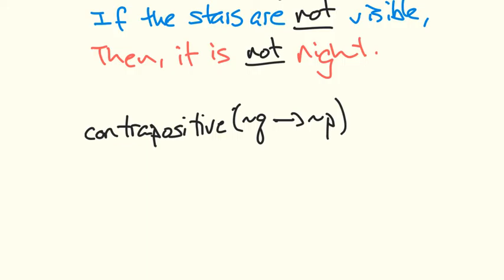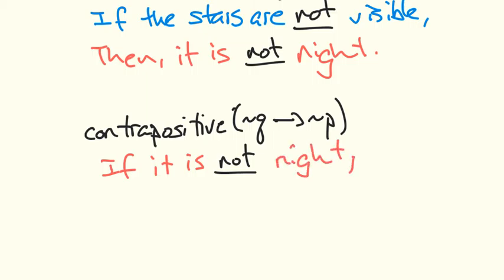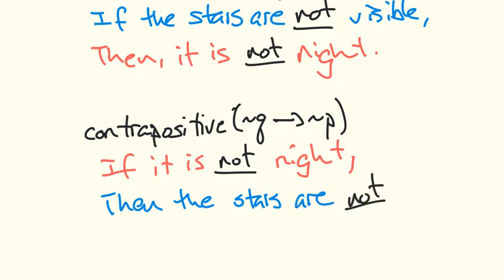So we end up with: if it is not night, then the stars are not visible. All right.